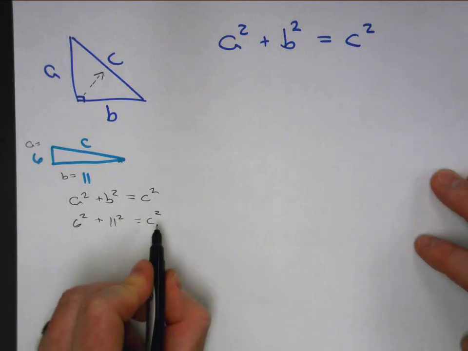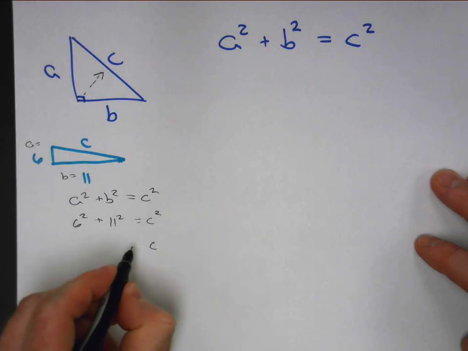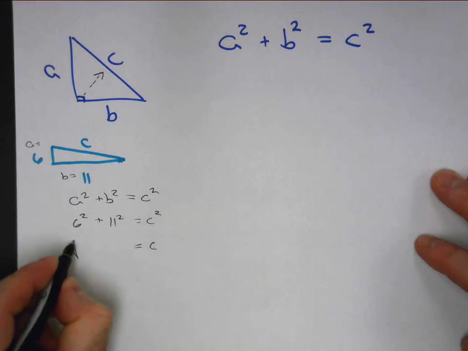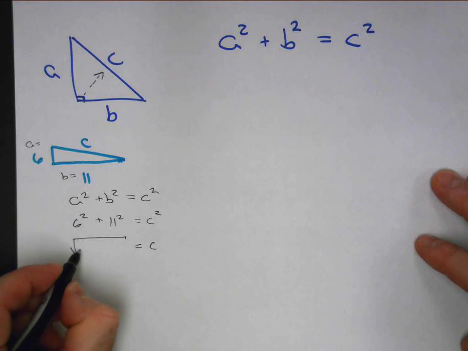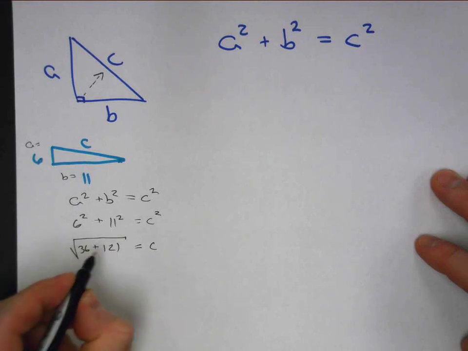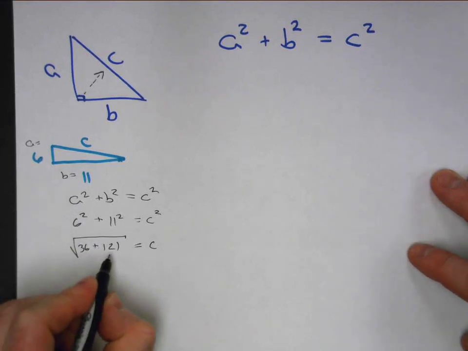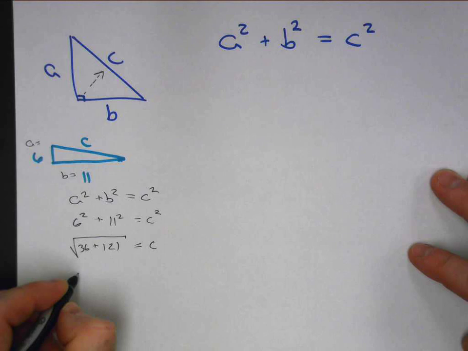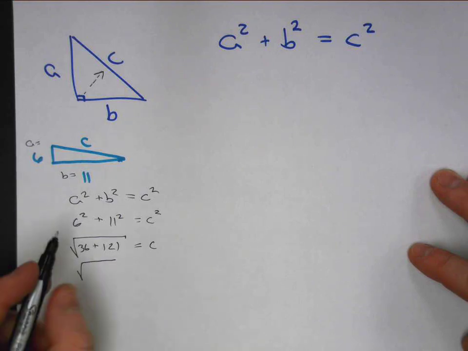And so I've got to take the square root of both sides. 6 squared is 36. If you don't know how to do this in your head, 11 squared is 121. Well, a calculator's real handy for that. So 36 plus 121, all under the radical. That's going to be 157.